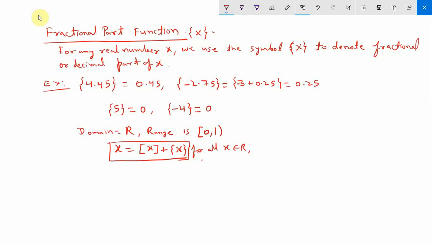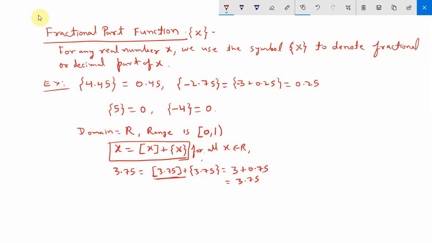If we consider any number, suppose 3.75, this can be written as greatest integer function of 3.75 plus fractional part of 3.75. If we check, the greatest integer function of 3.75 will be 3 and the fractional part will be 0.75, which is nothing but 3.75. So x can be written as greatest integer function of x plus fractional part function of x.